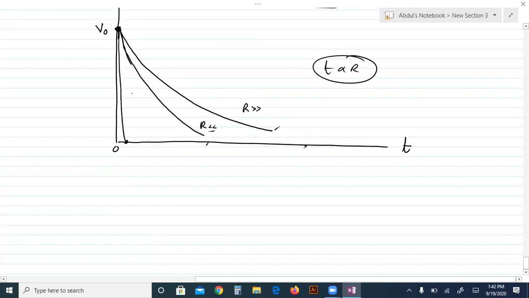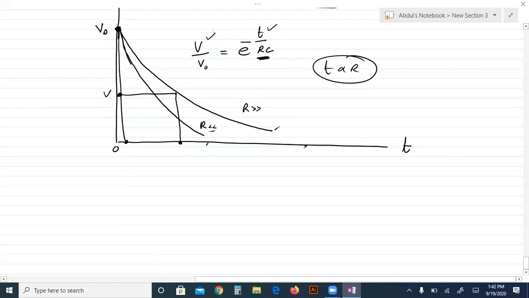So when we have to calculate this voltage at some time, we use the exponential formula: V over V naught equals e to the power minus T over RC. This RC is the characteristic time for the discharge, and T is the time required for this voltage to discharge.